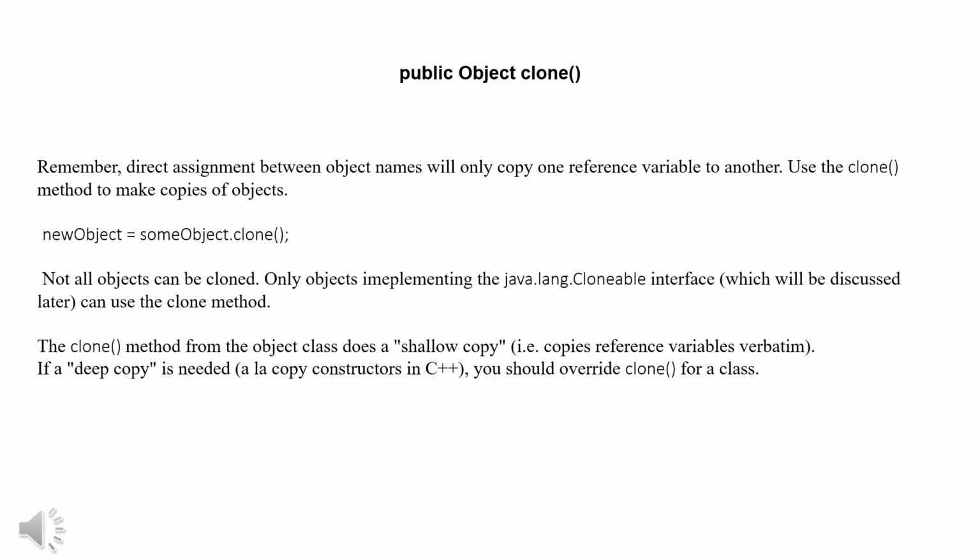So you need to use the method clone in order to make copies of objects. So new object equals SomeObject.clone. You need to keep in mind that not all of the objects can be cloned, and only objects that are implementing the java.lang.Cloneable interface can use the clone method.